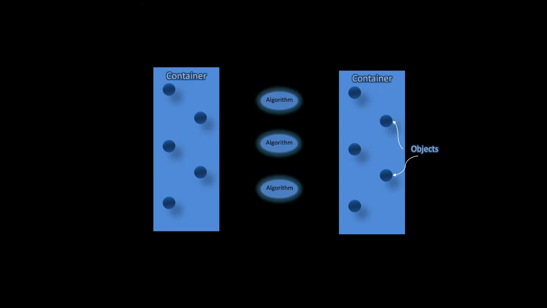Algorithms are represented by template functions. These functions are not member functions of the container classes. Rather, they are standalone functions. One of the striking characteristics of the STL is that its algorithms are so general. You can use them not only on STL containers, but on ordinary C++ arrays and on containers you create yourself.